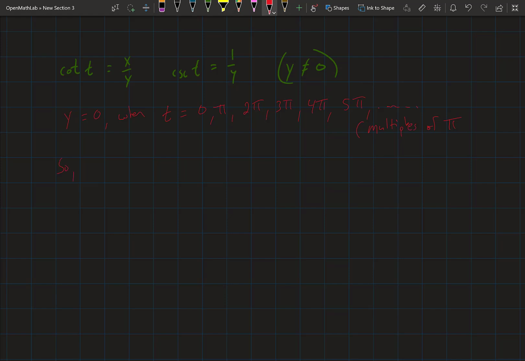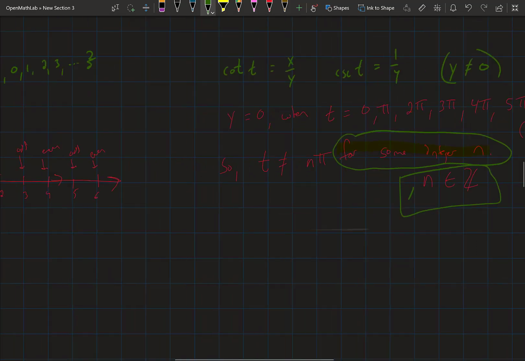So in other words, we would say that t cannot be equal to n pi for some integer n. Remember, I could show that as n is within the integers, right? We could just say that instead of this part. Right, so I could do the part circled in green or this part boxed off in green, right? Either one.